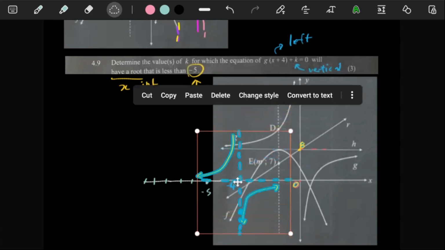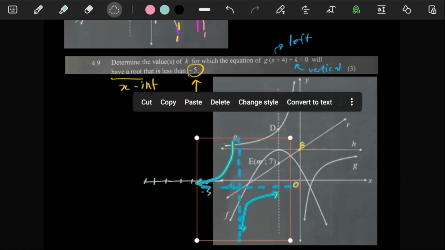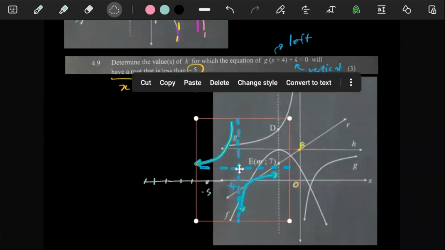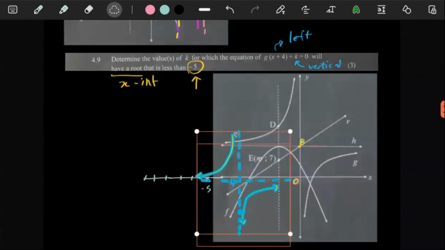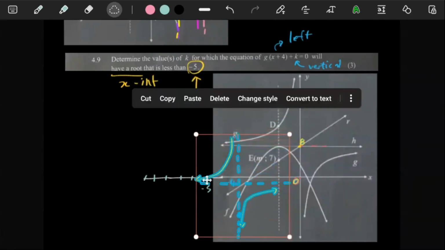Because if you move it 8 units, it's still not touching the x intercept. But if you move it anything just above 8, it's gonna start touching the x intercept. It's gonna be touching the x intercept until a certain point where the x intercept will specifically be what you may call negative 5.